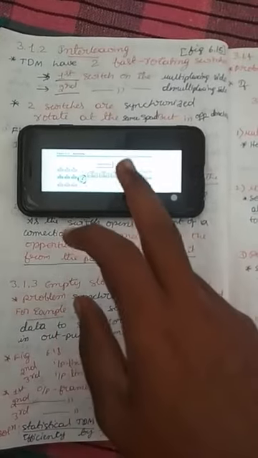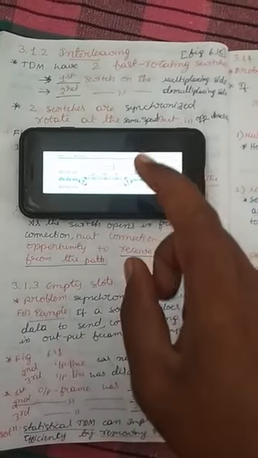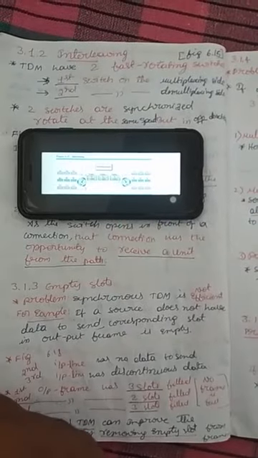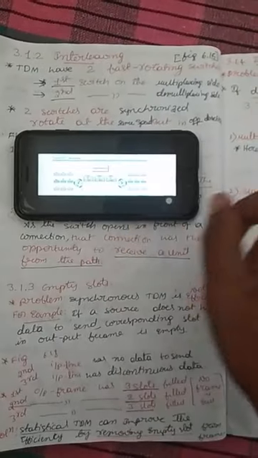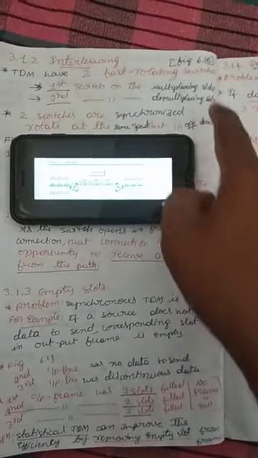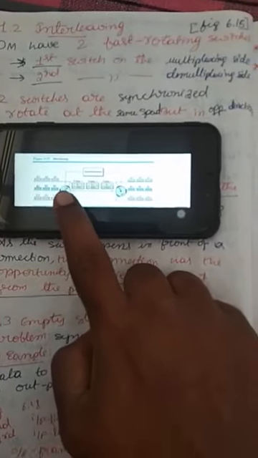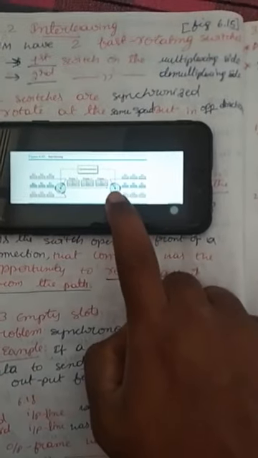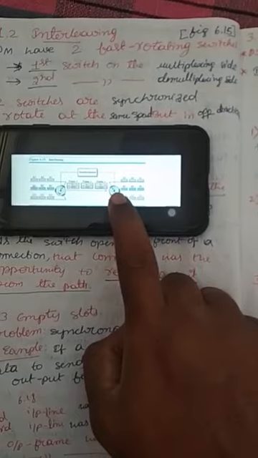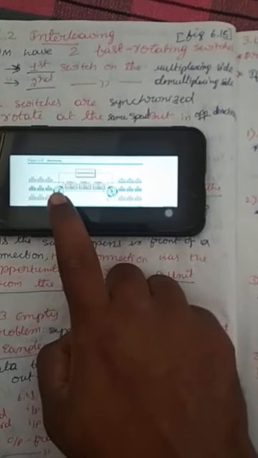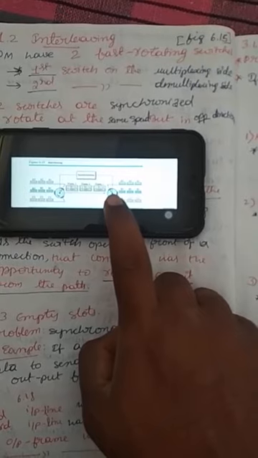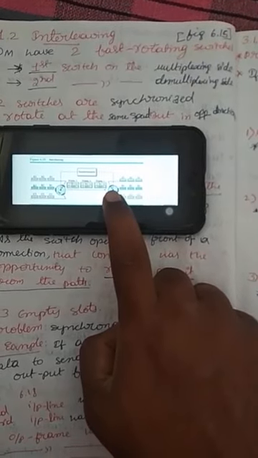In this concept we are going to consider two fast rotating switches: the first switch on the multiplexing side, the second switch on the demultiplexing side. In this figure you can observe one fast rotating switch, and another fast rotating switch. This is the multiplexing side, and the other is at the demultiplexing side.